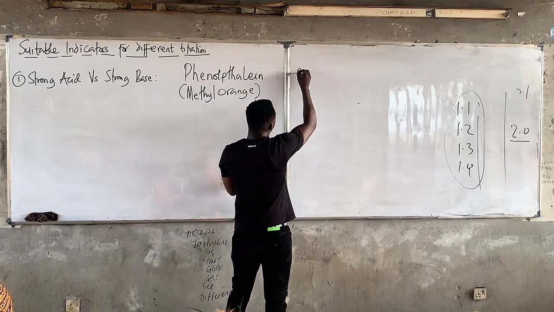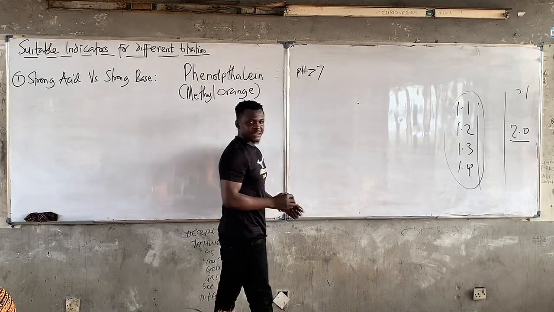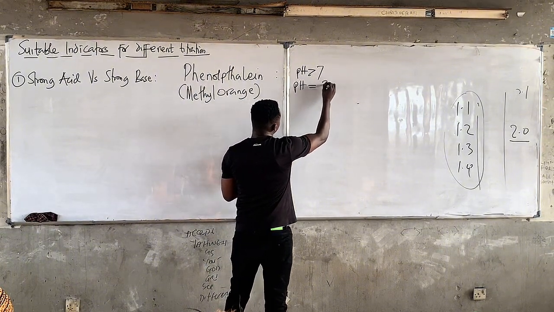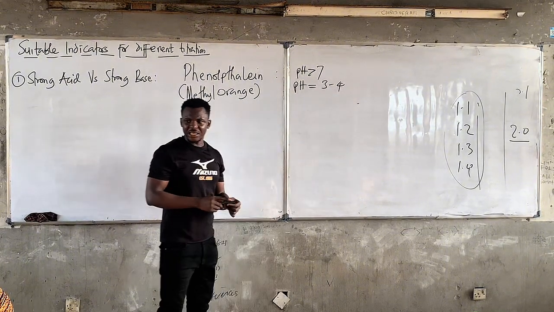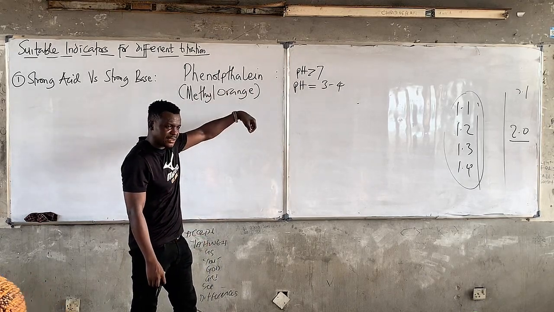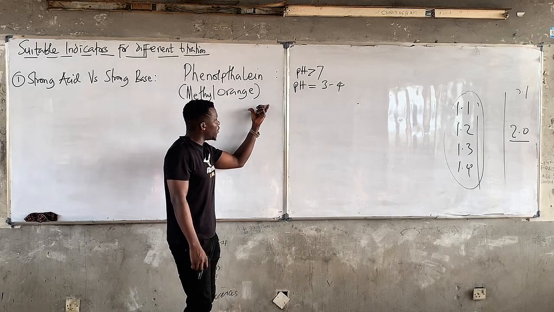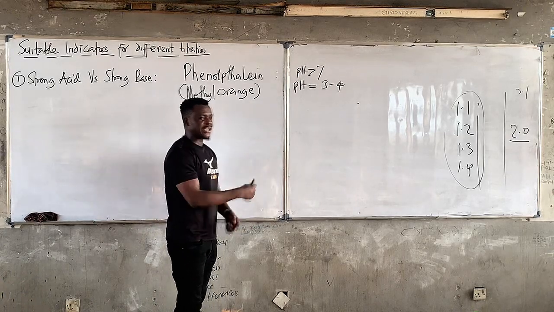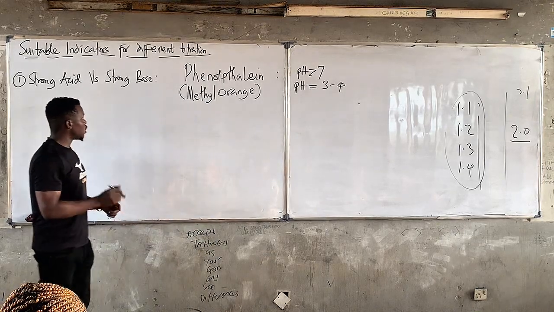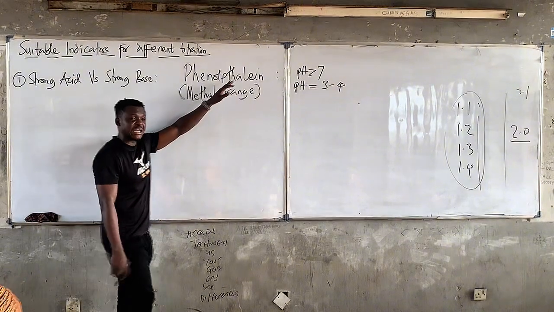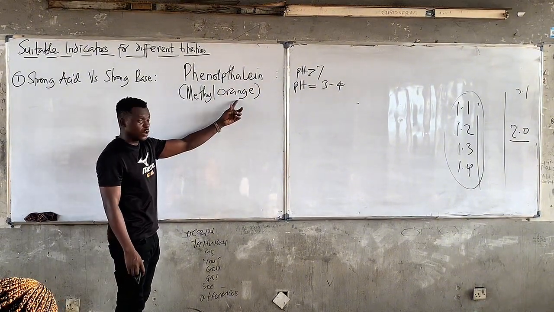Phenolphthalein changes color at pH greater than 7, while methyl orange changes color at pH 3 to 4, around that area. So if you're using acid, you pour in acid to convert the base to neutral, and when you add more acid, you take it to acidic. So for strong acid and strong base, the best one is phenolphthalein, but you can also use methyl orange.